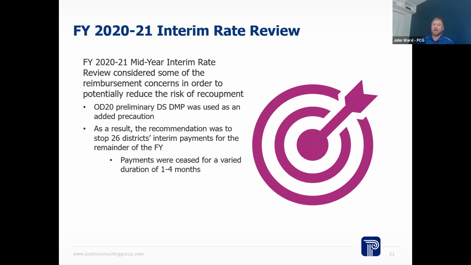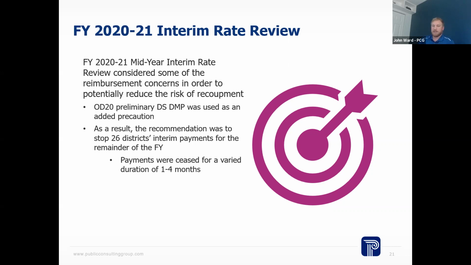Thinking back to that FY21 interim payment review, there were some added precautions taken during that review as well. Instead of using that statewide average direct service time study percentage that you typically see on your cost report, the OD20 preliminary time study percentage was used, which was a bit lower than what the annual average would have been.